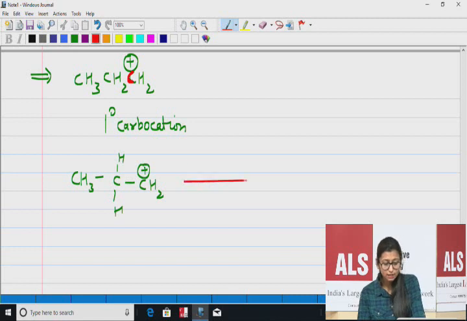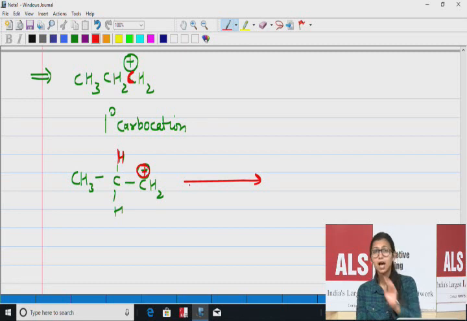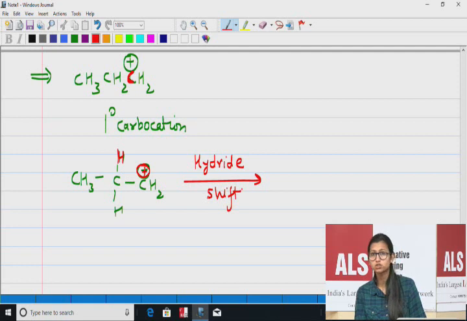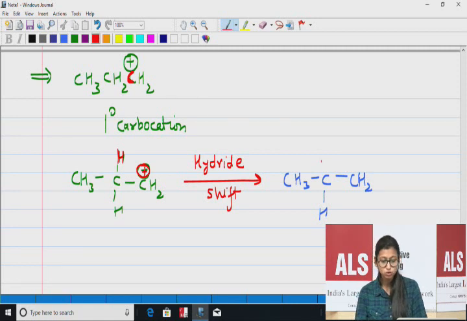Let's say we are swapping the position of this hydrogen and the positive charge. It's known as a hydride shift. I am swapping the position of the hydrogen and the positive charge. What will happen this time? We have a CH3, this carbon with a hydrogen, this was the CH2. Now the positive charge goes on this carbon and a hydrogen is there.